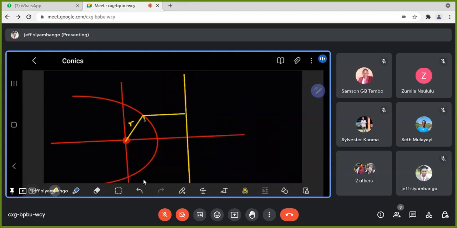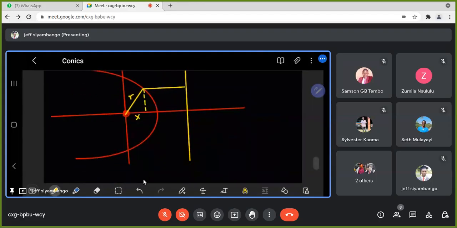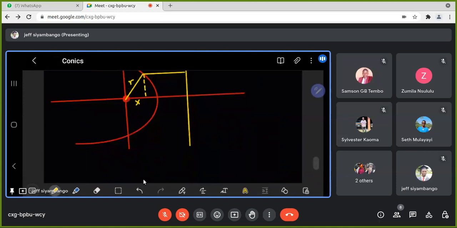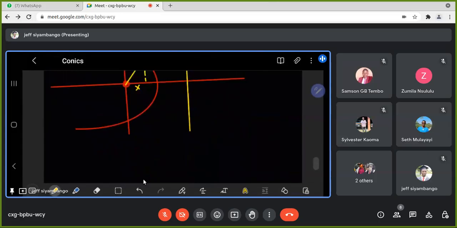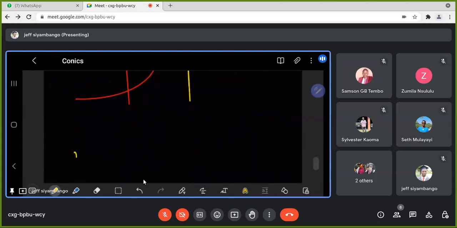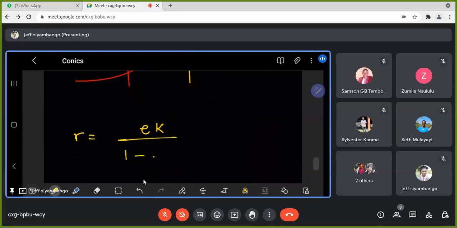But by doing some math here, we can easily derive the expression and show that the formula for a parabola that opens in this way can be represented in the form r equals ek over 1 minus the eccentricity again, then we have cos theta here.